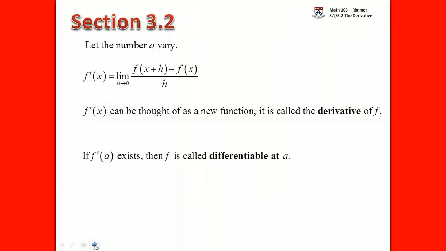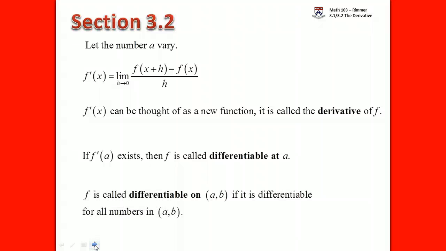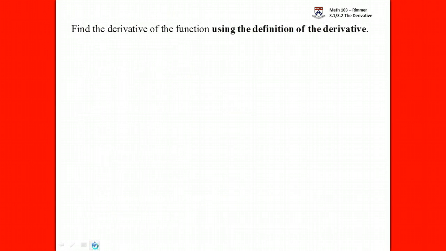What does it mean for it not to exist? For it not to exist, there must be some certain things that happen with your function. You can be differentiable at a point or differentiable at a whole bunch of points, an interval of points. And so here's what it looks like to be not differentiable.